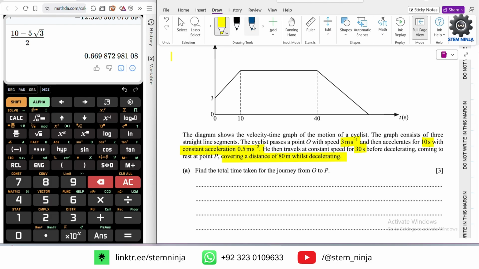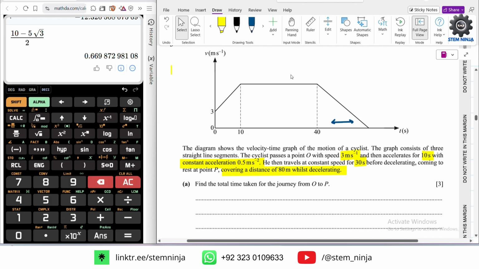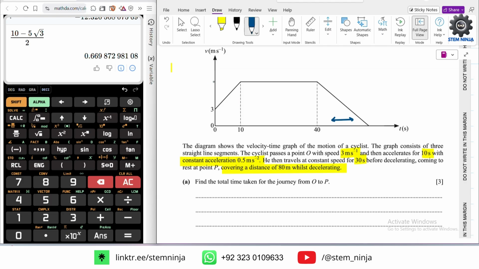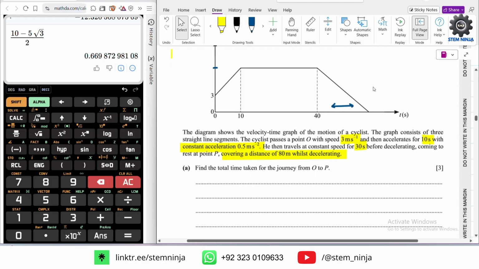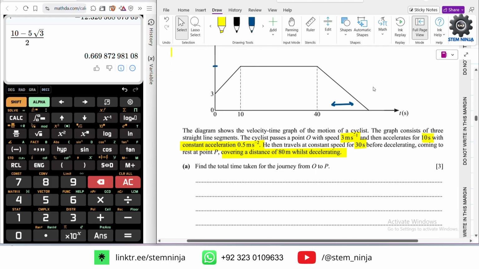Okay, so that means we need to find out the distance covered while decelerating. So basically we need to figure out the velocity first, the maximum velocity of this, right? So v equals u plus at.